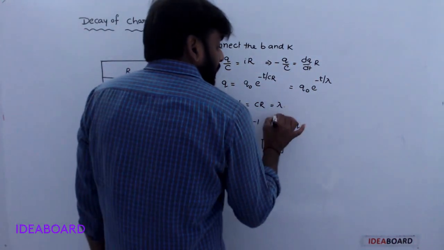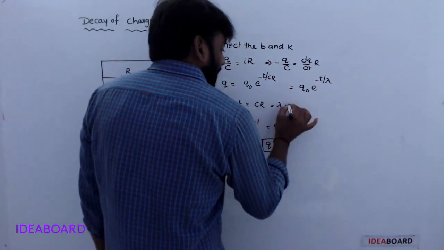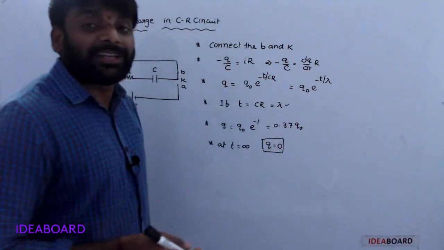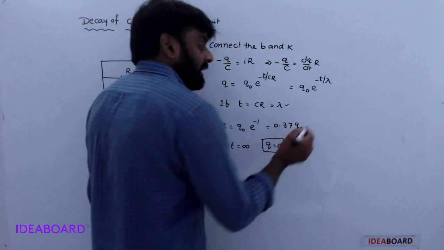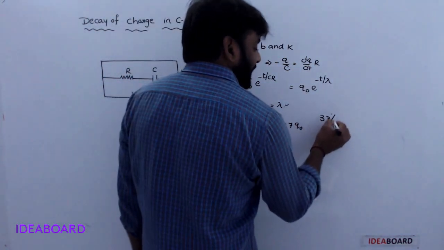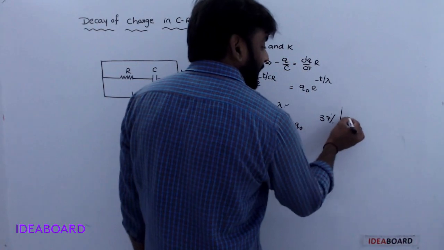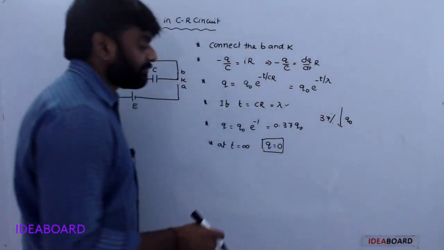At t equal to lambda, it reaches 0.37 of the maximum charge, which means it is 37%, in the discharging case.